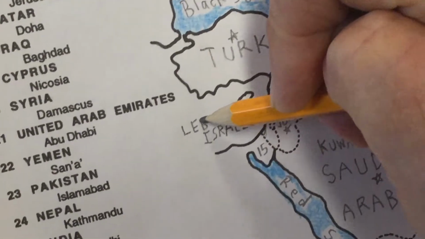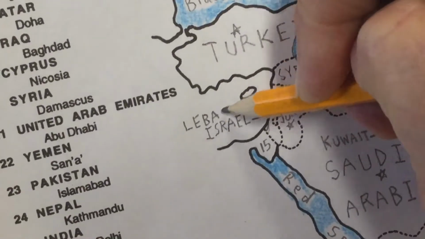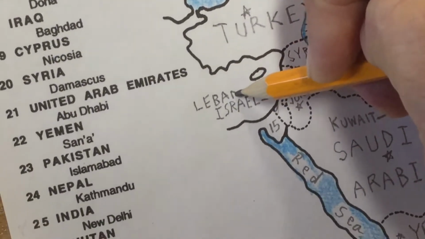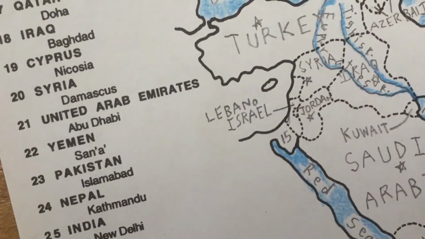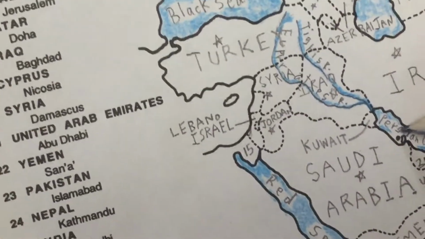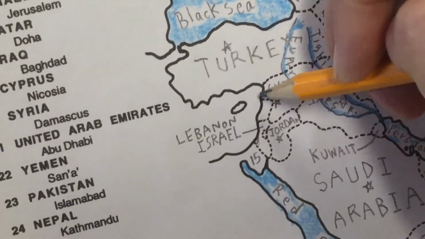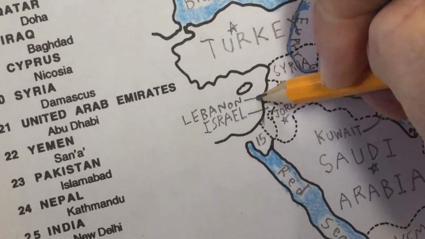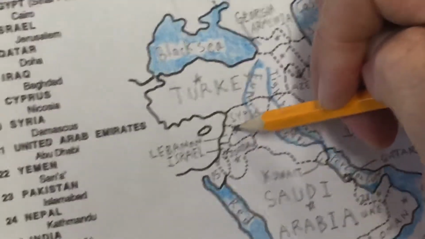In the list that I had, Lebanon was listed as a little bit smaller. I can't imagine it being smaller than Qatar, but anyway, that list might be a little bit wrong. But mainly, we're more concerned with the location, and that's Lebanon right there.